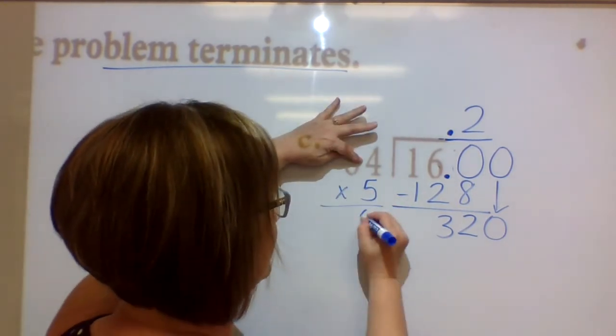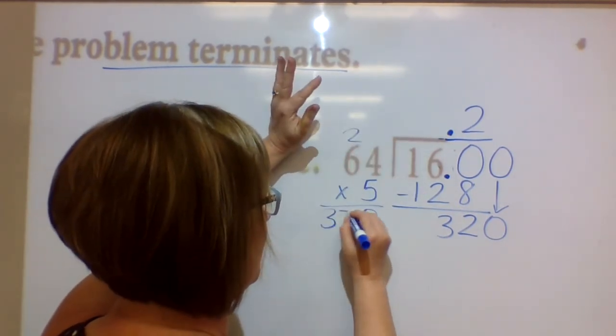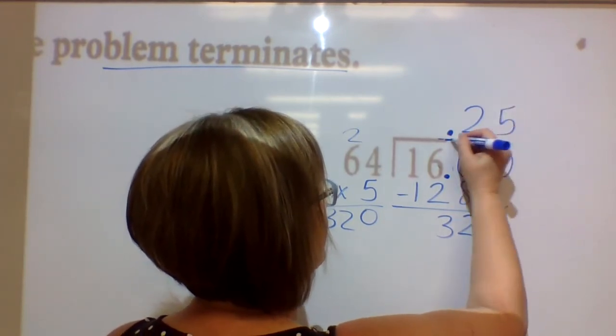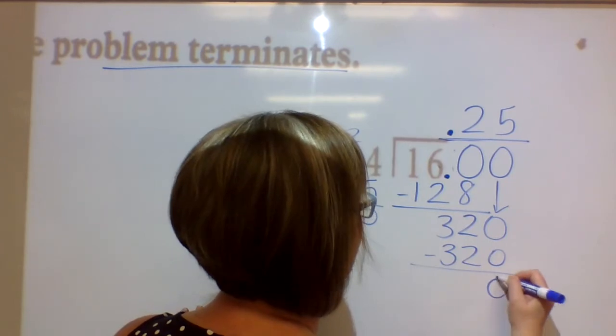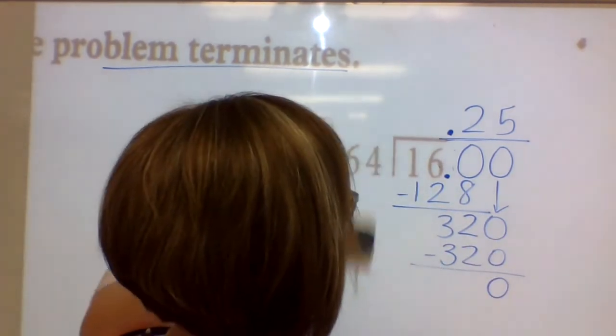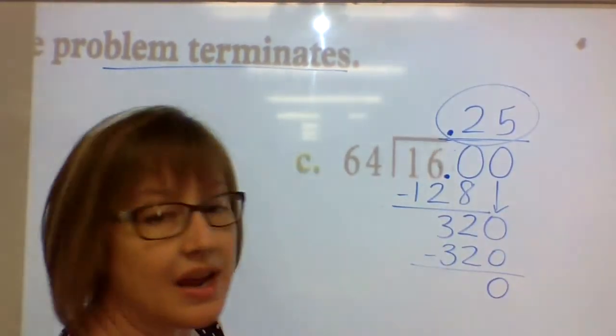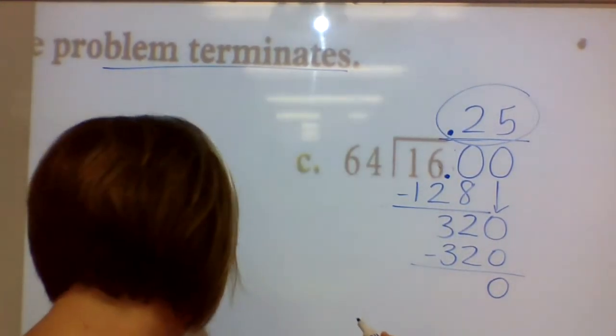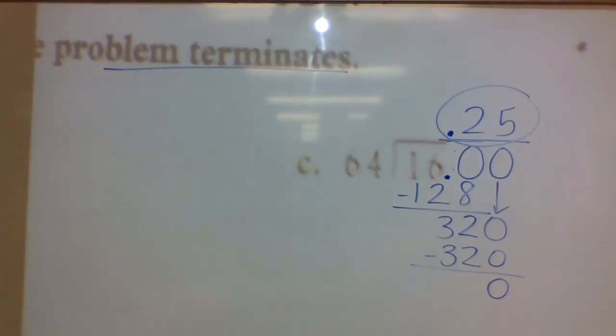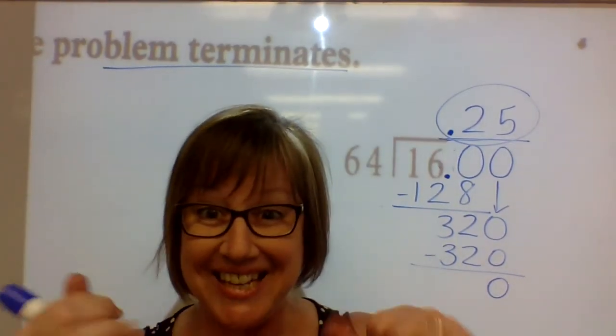Okay, 4 times 5 is 20. Whoops, there we go, right there. 5. 320 minus 320 is 0. So as soon as you have a 0, you are done. See? So easy. Okay, so you'll do A and B on those. And I think the rest is pretty simple. Yep. That's it for today. Have a good day.